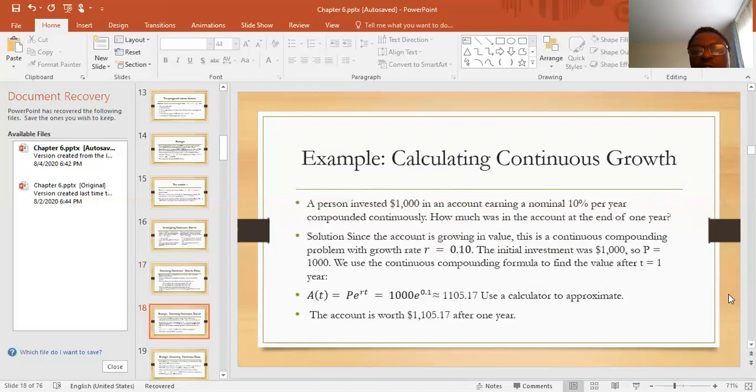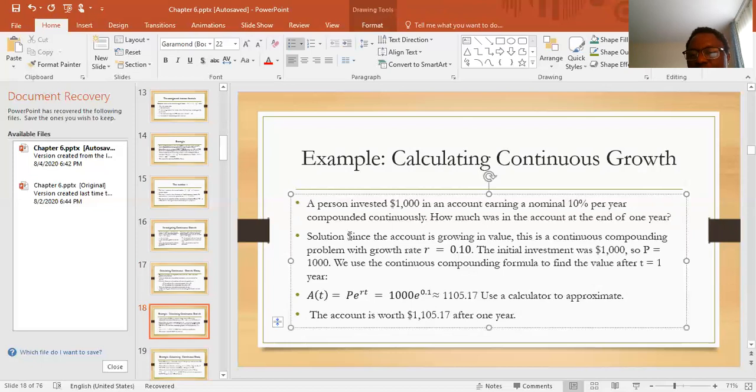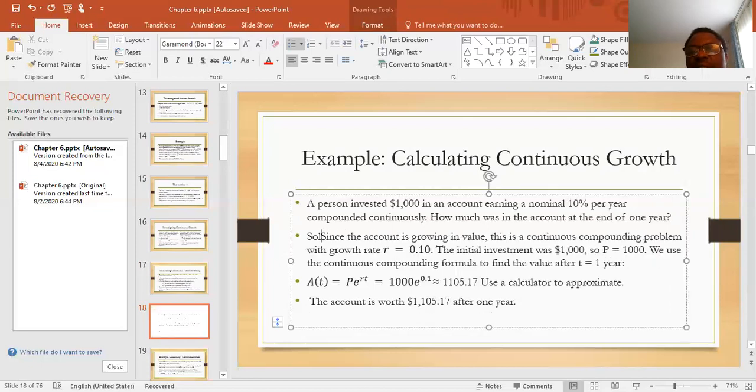Example for continuous growth. A person invests $1,000 in an account earning a nominal 10% per year, compounded continuously. How much was in the account at the end of 1 year? The solution. Since the account is growing in value, this is a continuous compounding problem with a rate r equals 0.1 for 10%.